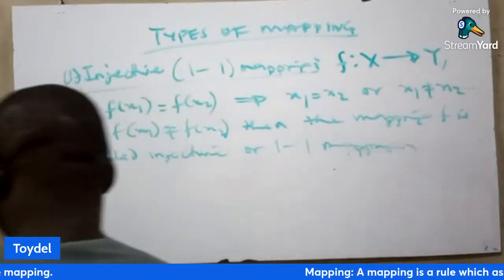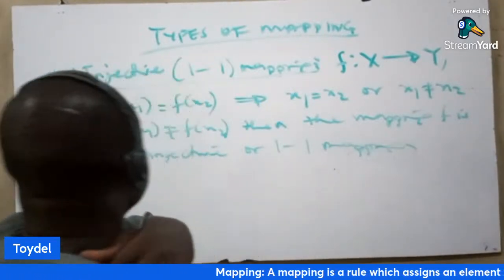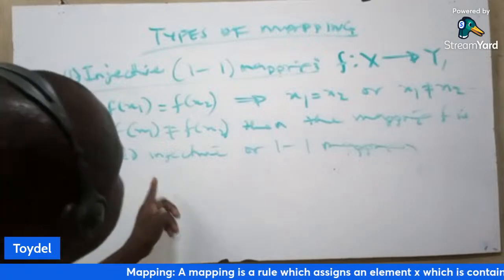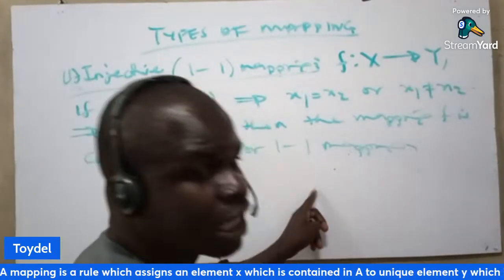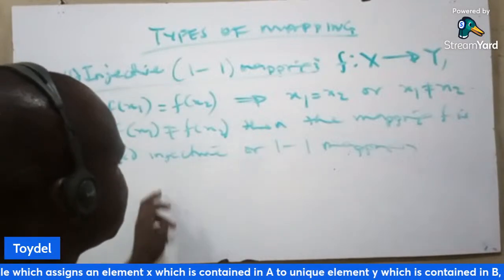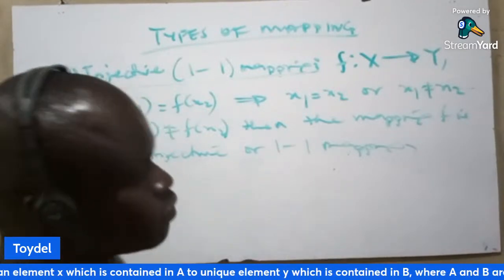So that's the condition. One-to-one simply means one element at the domain will have a unique image at the codomain. So two elements at the domain cannot have a single image.